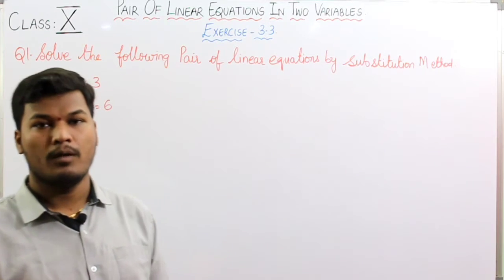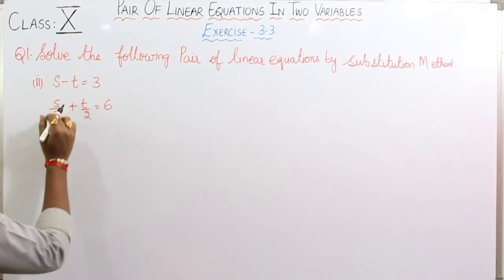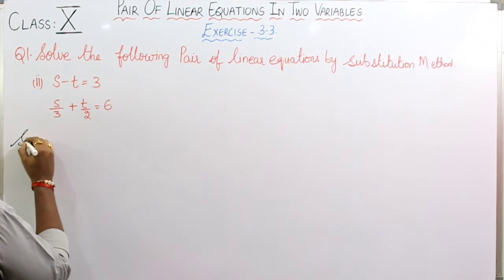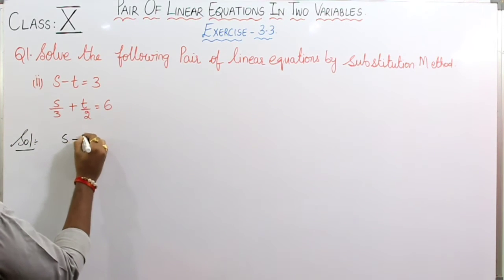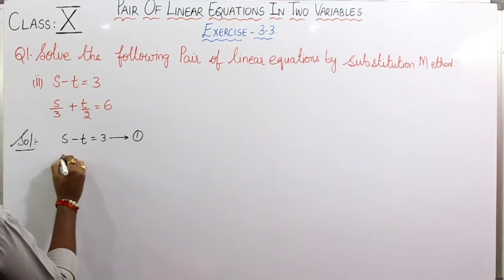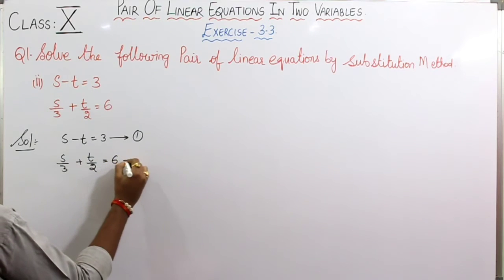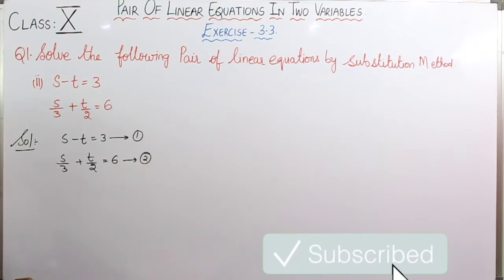Now the second problem of this exercise: s minus t is equal to 3, s by 3 plus t by 2 is equal to 6. First, let us consider the given equations. s minus t is equal to 3, this is the first equation. s by 3 plus t by 2 is equal to 6, this is the second equation.